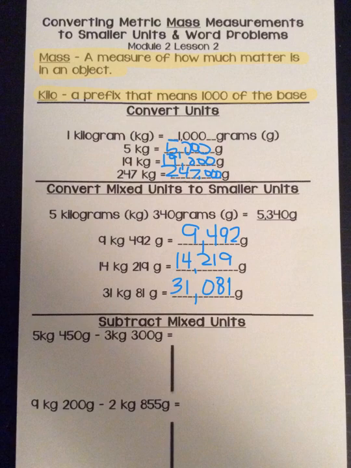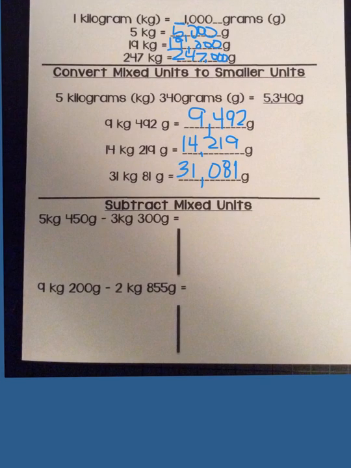Okay, nice job. All right, we are now going to subtract mixed units. Now, we did this in the last lesson with kilometers and meters, or meters and centimeters, but we're going to do it 2 different ways, okay?